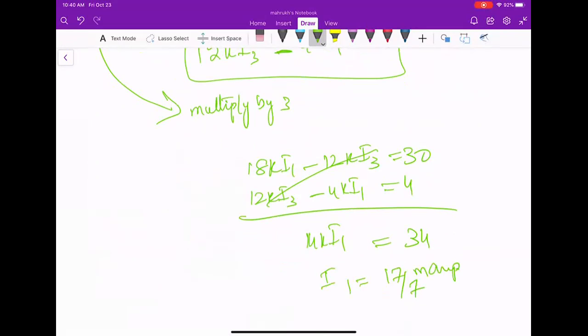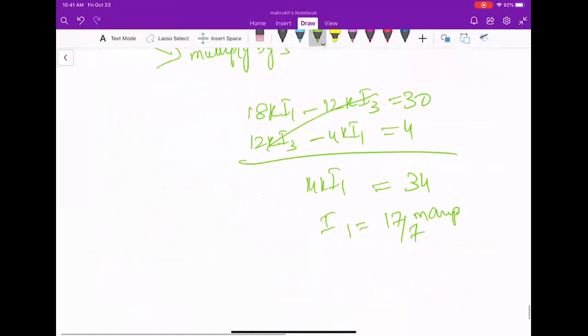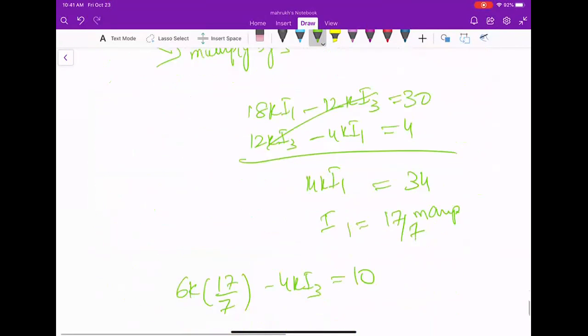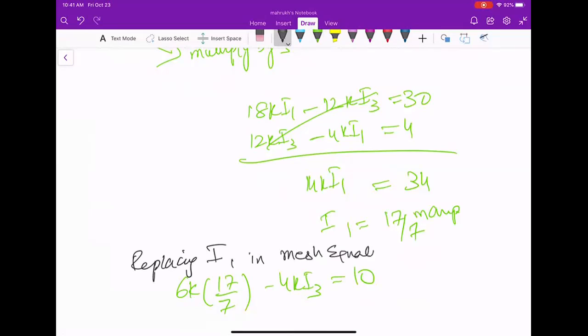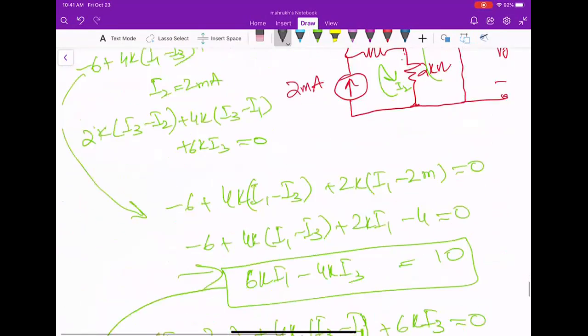Okay, now I just replace this somewhere to find my I3. So I am just replacing it in this equation. That will make it 6K times 17 by 7 minus 4K I3 is equal to 10. So this mesh equation is for the first loop.